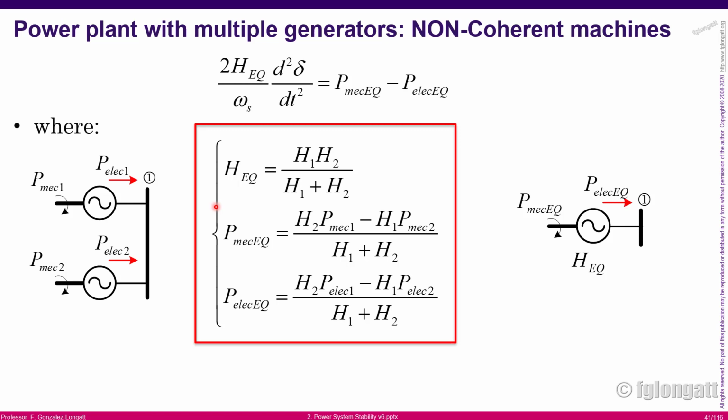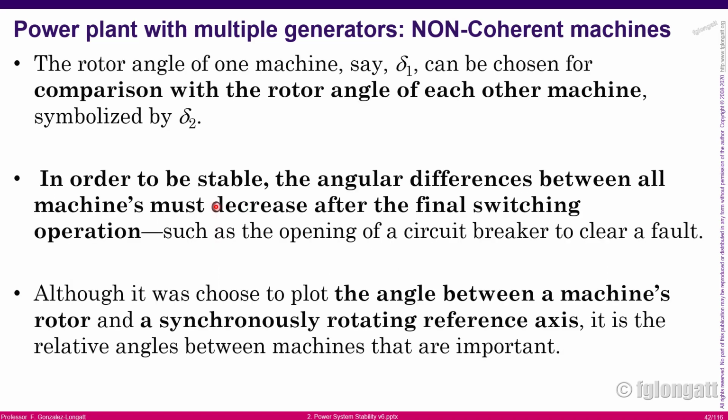However, the good news is that in this case we can use this difference between angles to analyze stability. Because if there is a stability problem, the difference between those angles will increase or will oscillate, as we described before, as instability. Okay?